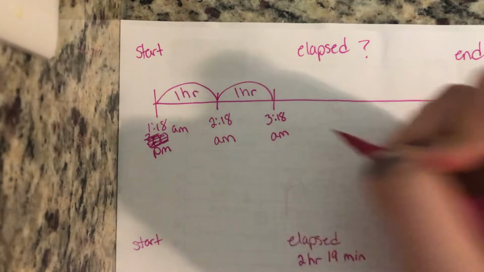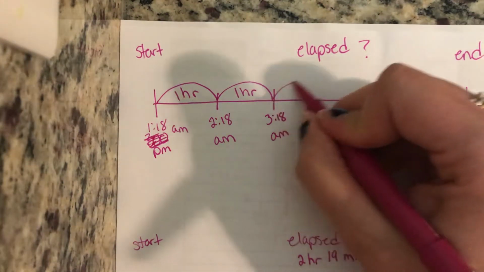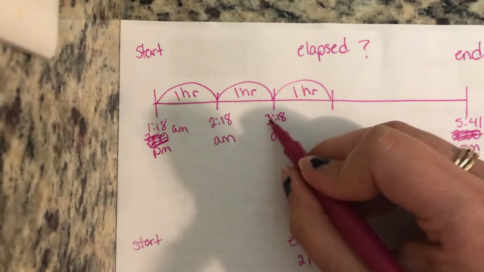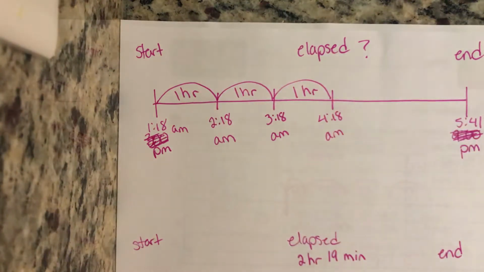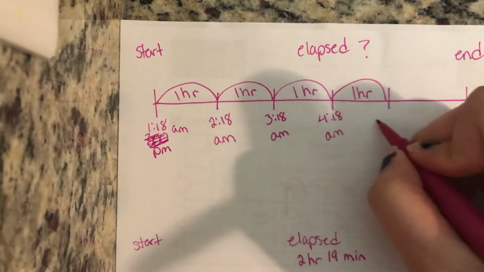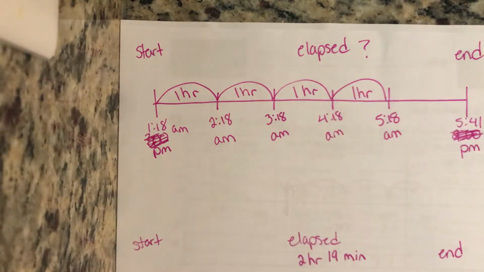Still not at 5, so I'm going to do another hour jump, label it 1 hour. I'm now at 3:18 a.m. because I'm only changing the hours. Again, still not at 5, so I'm going to do another hour, which would get me 4:18 a.m. And I have to do even another hour jump because now my hour is 5:18 a.m. So I have my hours matching.